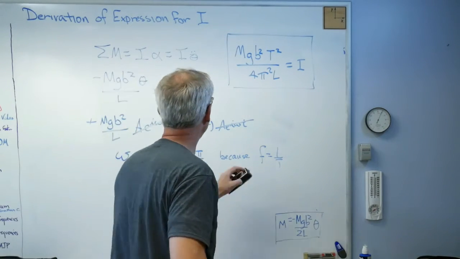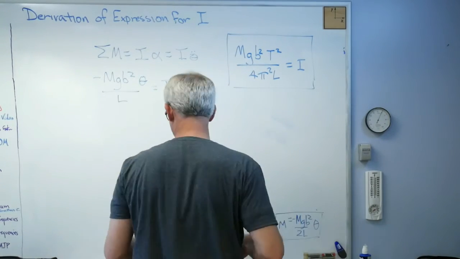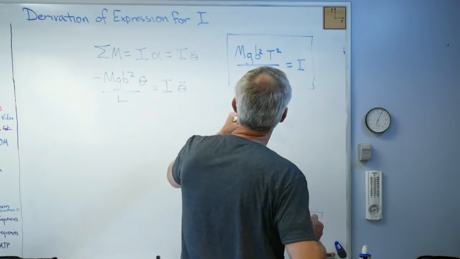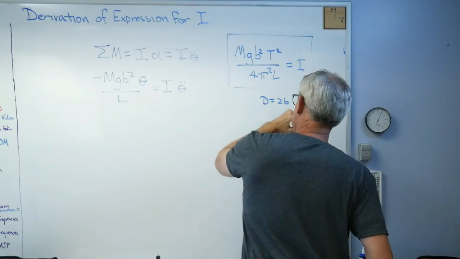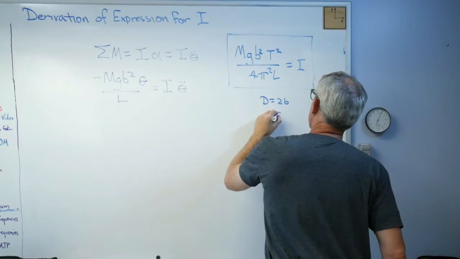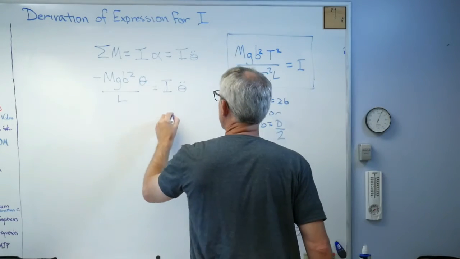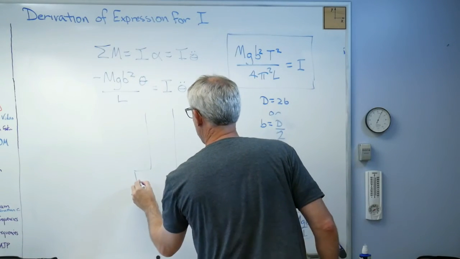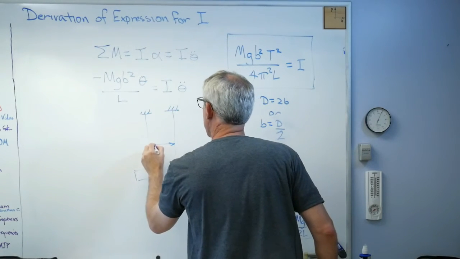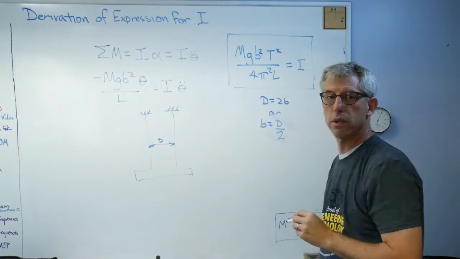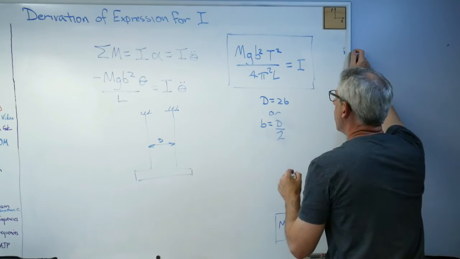The one thing people were writing to me about or making comments about was what happens if I don't use that b. If I say the distance between the two strings is D, and that's 2b, well, all right. If that distance is D rather than 2b like I had in the derivation, I'll just throw that in there.